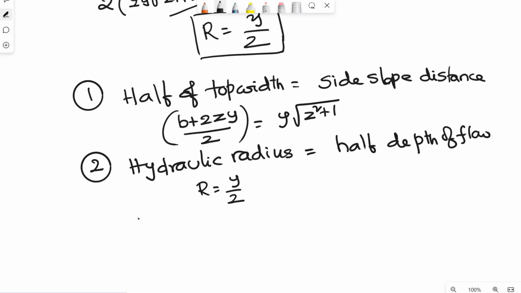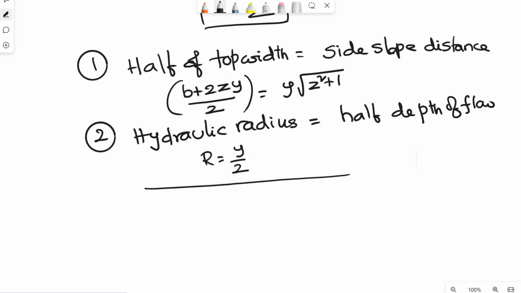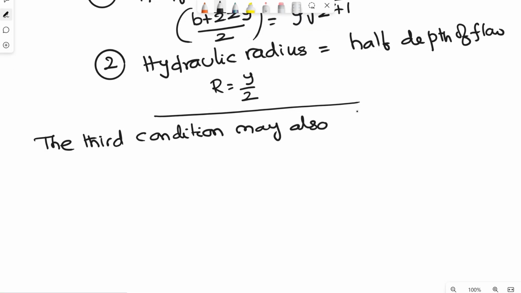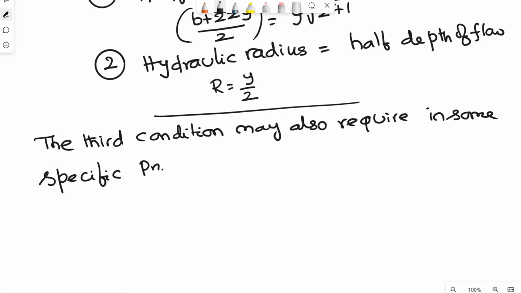So there is one more condition also in the case of trapezoidal section. The third condition may also be required in some specific problems.